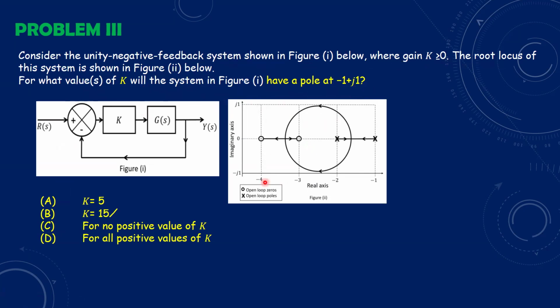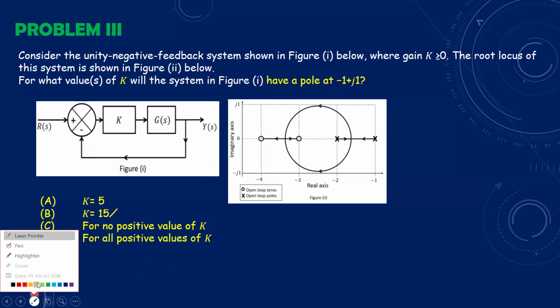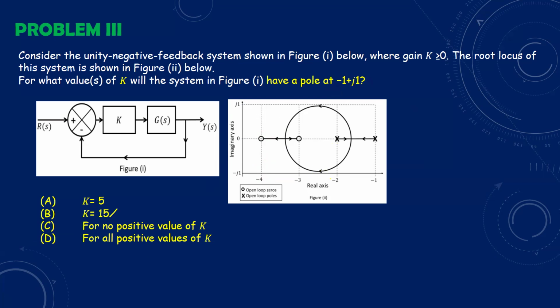From the given root locus, we can find the transfer function, and from that we need to find for which k value we can get that complex pole. Let me mark out the zeros and poles. See here, there are 2 zeros and 2 poles. Z1 equal to -3 and Z2 equal to -4, these are zeros. Then poles P1 equal to -1, P2 equal to -2.